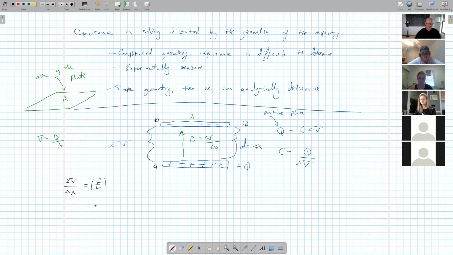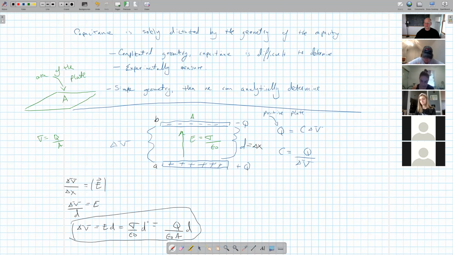So the electric field is equal to the change in potential divided by the distance between the two plates. Solving, the change of potential across the plates is equal to the electric field times the distance. The electric field is the charge density divided by epsilon naught, and the charge density is the charge divided by the area. So the potential is Q times d divided by epsilon naught times the area. This is my potential across the two plates.